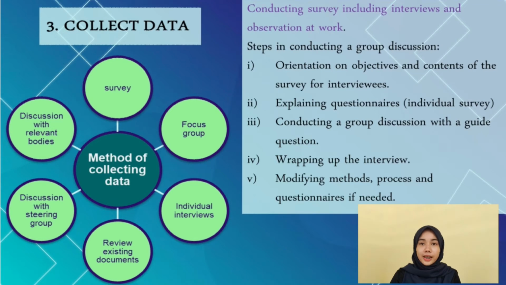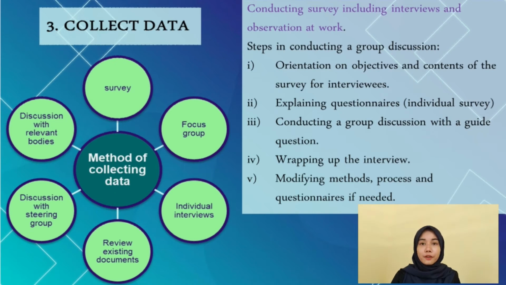Next, collect data. In collecting data, many methods can be used by a company to get a comprehensive overview of the need in the sector. Typical methods of collecting information are survey, focus group, individual interviews, review of existing documents, discussion with steering group, and discussion with relevant bodies.